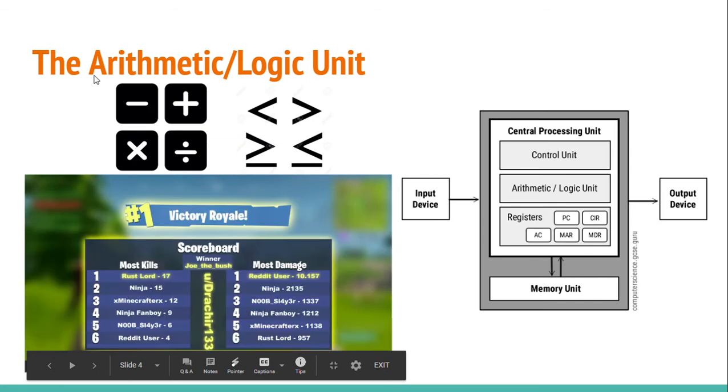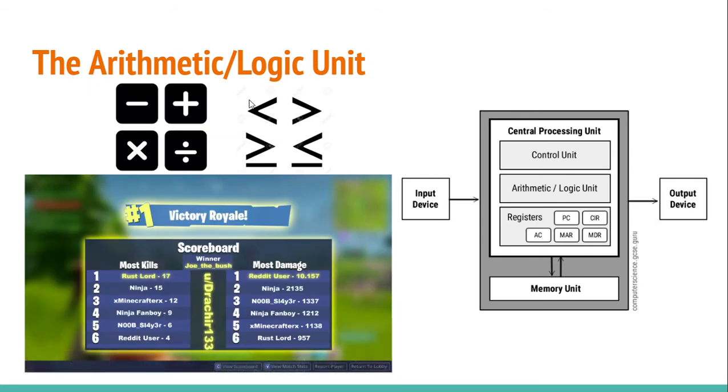The second part of the CPU is the arithmetic or logic unit. This unit is responsible for mathematical operations such as adding, subtracting, multiplying, or dividing, which is the arithmetic part of the unit, and it is responsible for logic operations such as comparisons, matching, or merging of data.